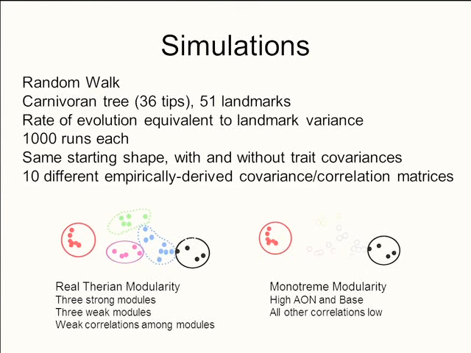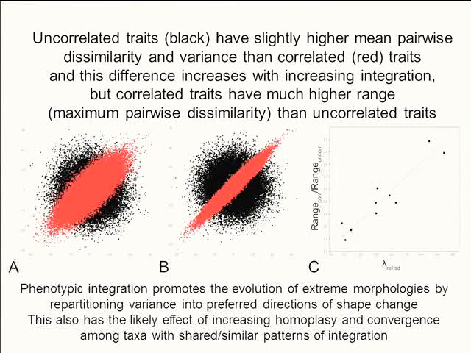And we've run one with real trait covariances and one without any trait covariances at all. And I've done this for a range of 10 different covariance or correlation matrices. And these are just some of the ones that we've included. So something like a carnivoran matrix and something like the monetary matrix, as well as a range of them.